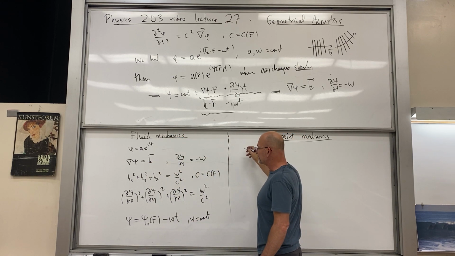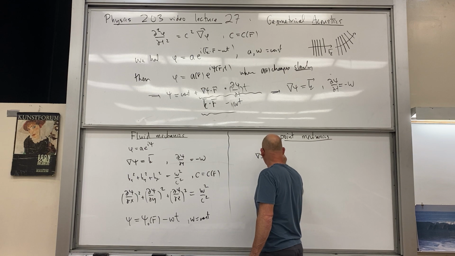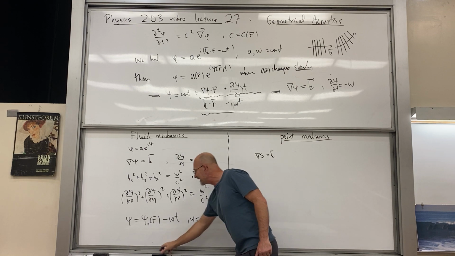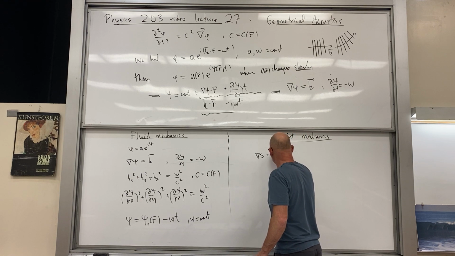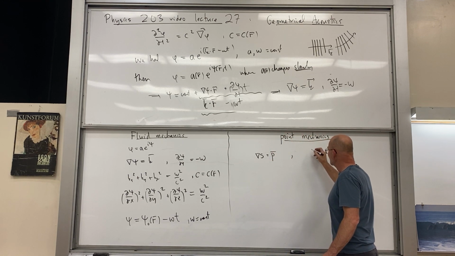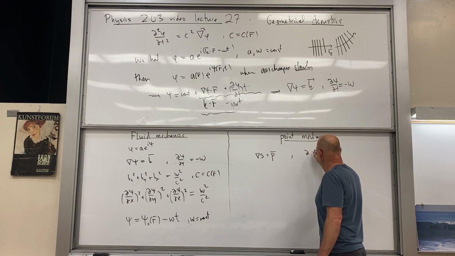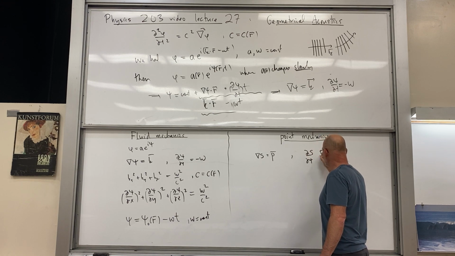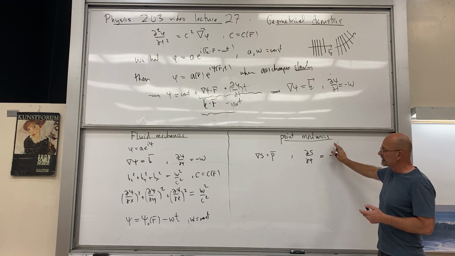and I'm just going to line these up exactly, we have gradient S is equal to P, and then the partial S partial t is equal to minus E, or minus H, the Hamiltonian.